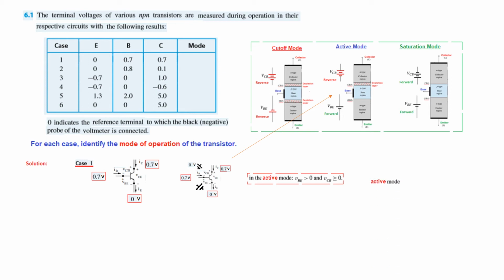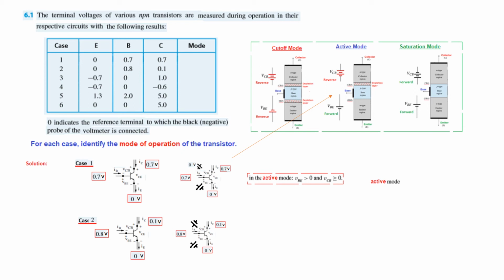Now let's see case number 2. 0, 0.8 and 0.1. Again, I will draw the battery. So this is higher potential, so we have the positive of the battery. But this is at lower potential with respect to this, so we'll have an opposite battery: the negative at the top and positive at the bottom.